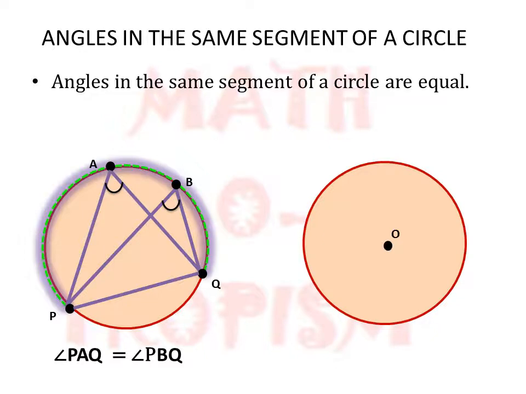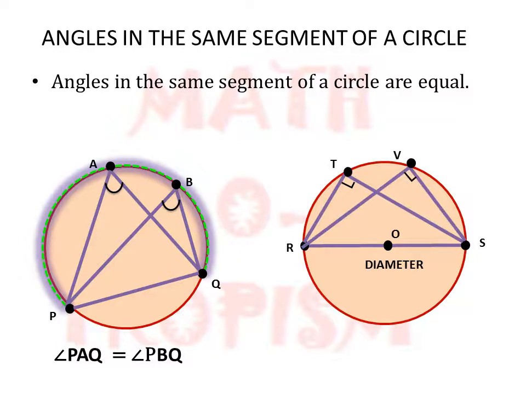If we take it a little further and assume that the chord is the diameter, because we know that the diameter is the longest chord of a circle. So let us assume that that diameter is ROS, and if we take one part of the semicircle, then assume T and V are points on that, and if we join RT, TS and RV, VS, then both angles will be equal, and angle ROS is equal to twice of angle RTS as well as RVS.